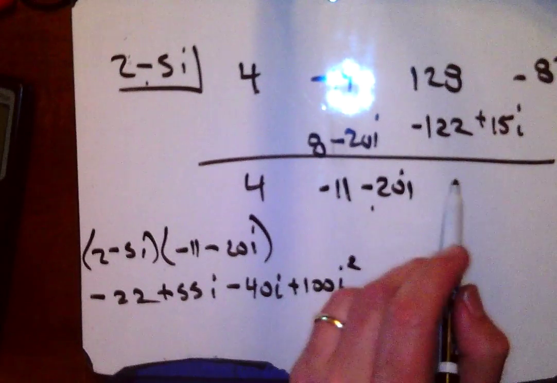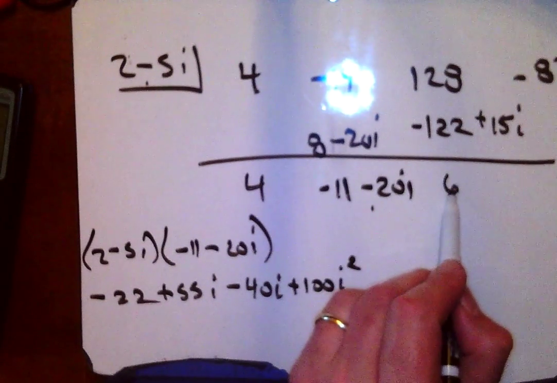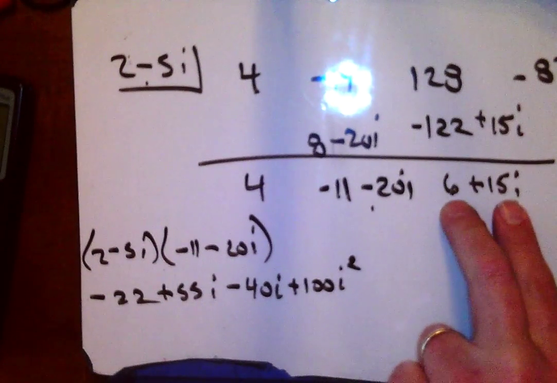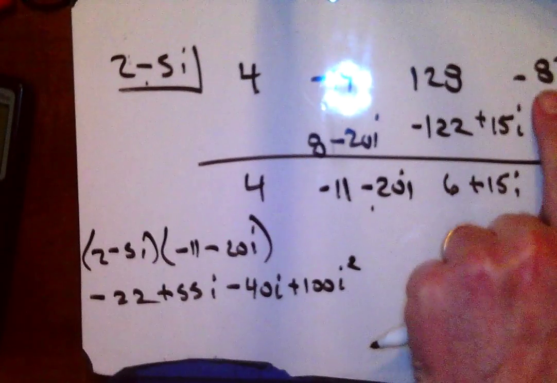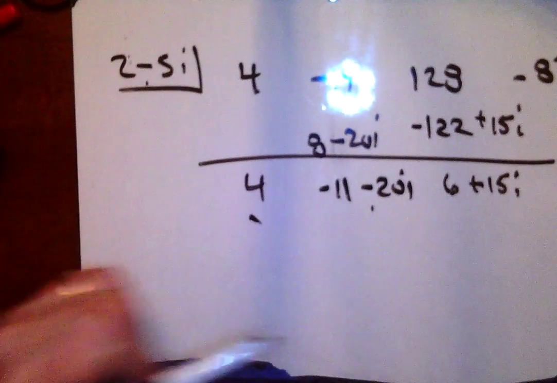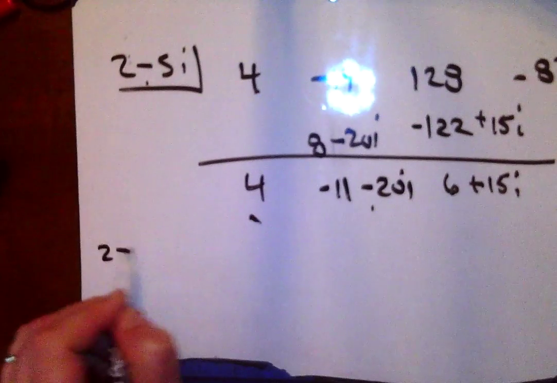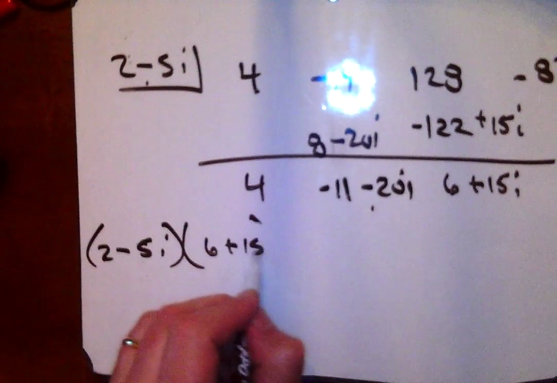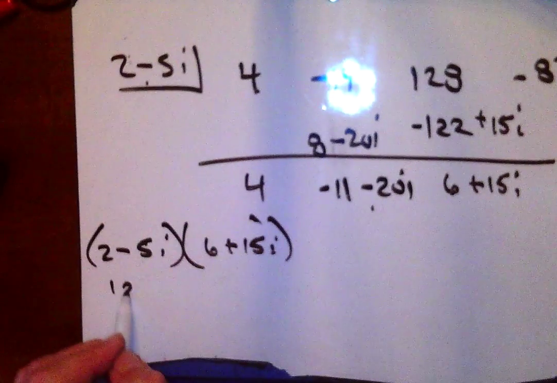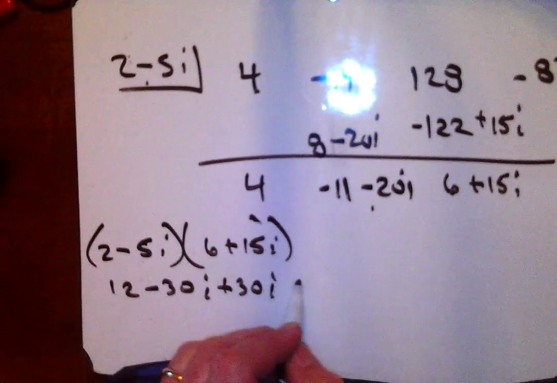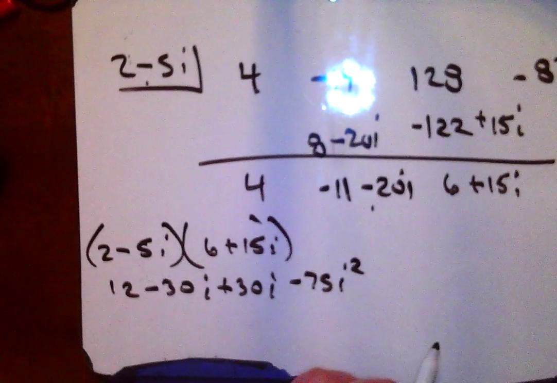Again, when I add these and get 6 plus 15i, I know that when I FOIL this times this, I'm supposed to get positive 87, so I can get a 0 here. Let's see if that's what happens. 2 minus 5i times 6 plus 15i: 12 minus 30i plus 30i minus 75i squared.